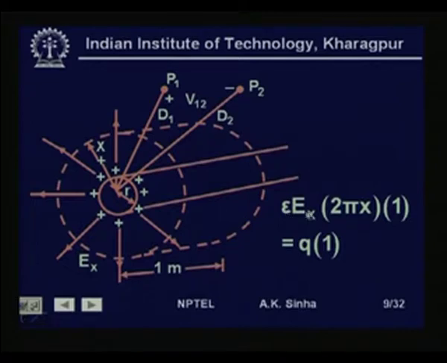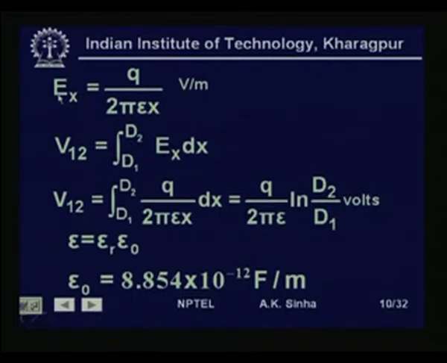So, epsilon Ex into twice pi x into 1 is equal to the charge enclosed, which is q into 1 meter length of the line, because q coulomb per meter is the charge on the conductor. From this, we can calculate the electric field strength at the surface of the concentric cylinder of radius x. So, Ex is equal to q by twice pi epsilon x volt per meter.